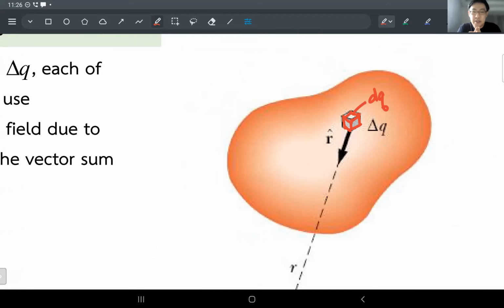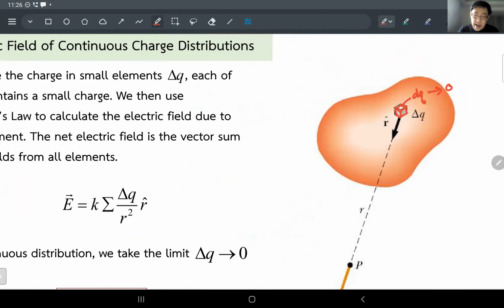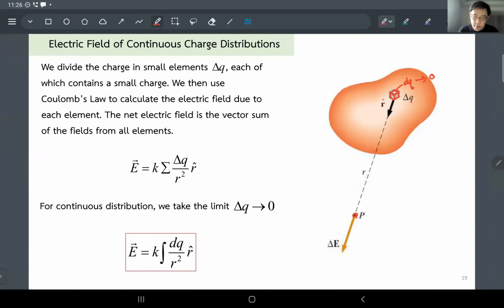When things approach zero, that delta turns into a differential, something super, super small, right? So this one is going to zero there. And then you say, okay, that amount of charge will definitely generate a field at the point that you would like to calculate the field. And that still follows Coulomb's law.